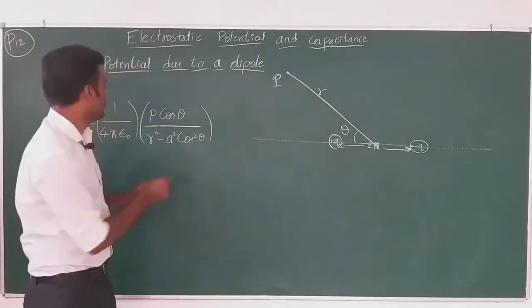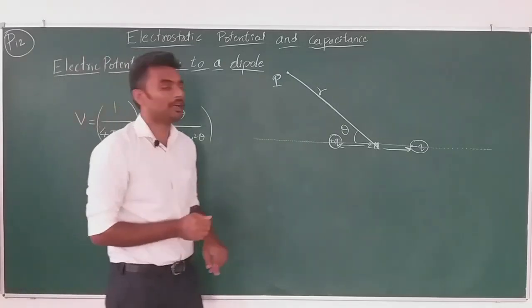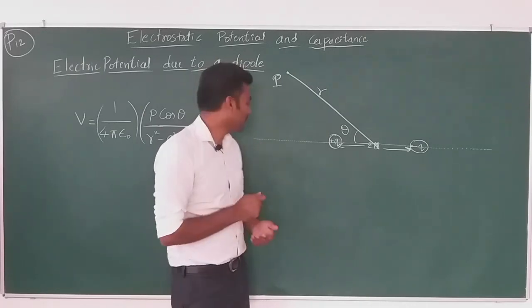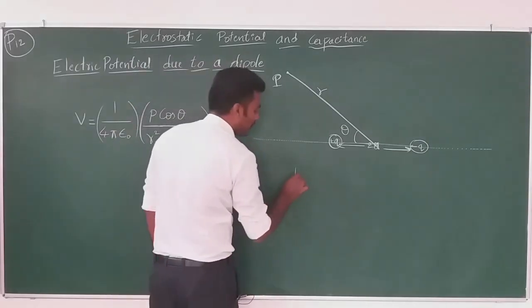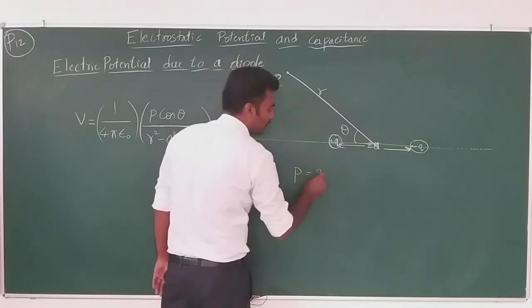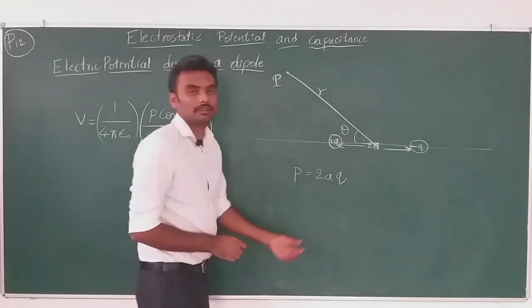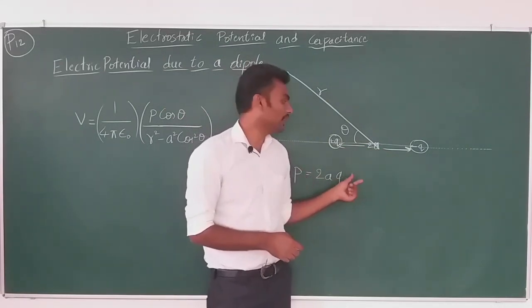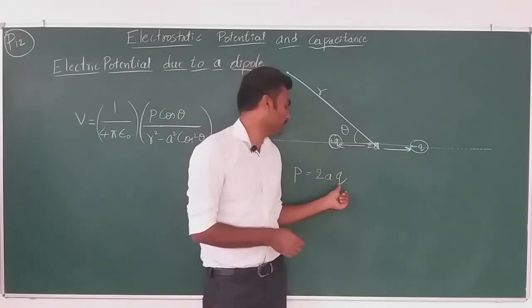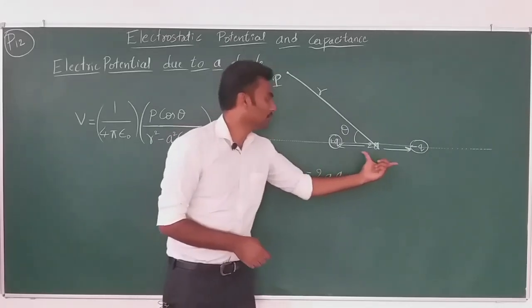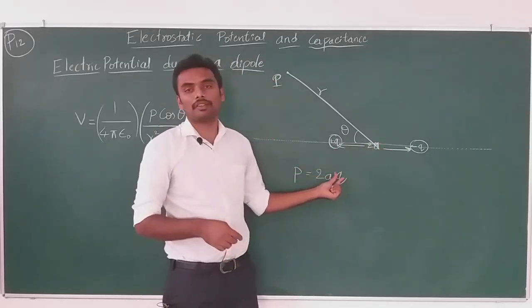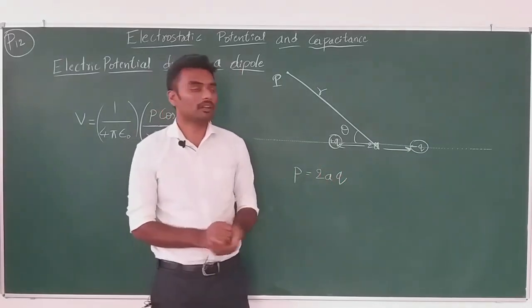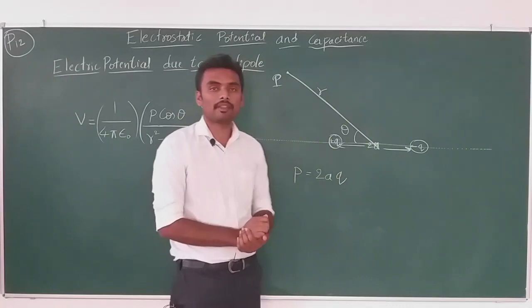This small p is the electric dipole moment of the given dipole. Remember, the electric dipole moment p is given by 2aq, the product of the distance of separation between the charges and the magnitude of either charge q. So the distance of separation is 2a and the magnitude of either charge is q.